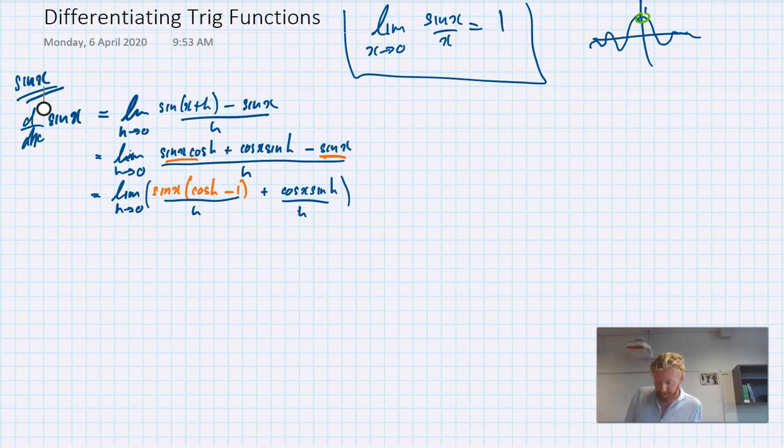Now what I'm going to do is just split those limits, because I can do that. That's one of the properties of limits.